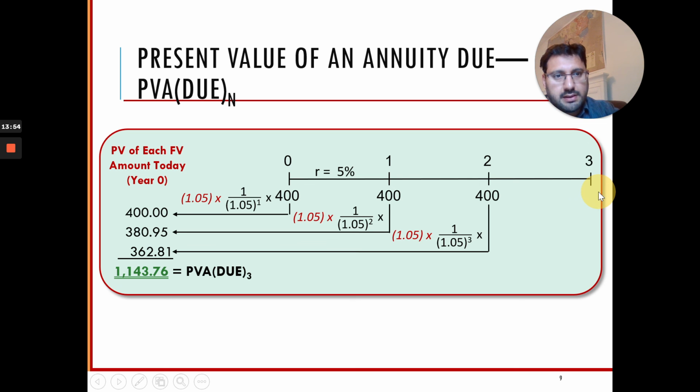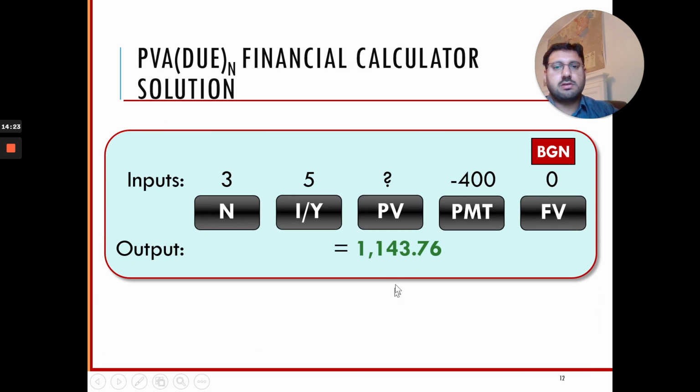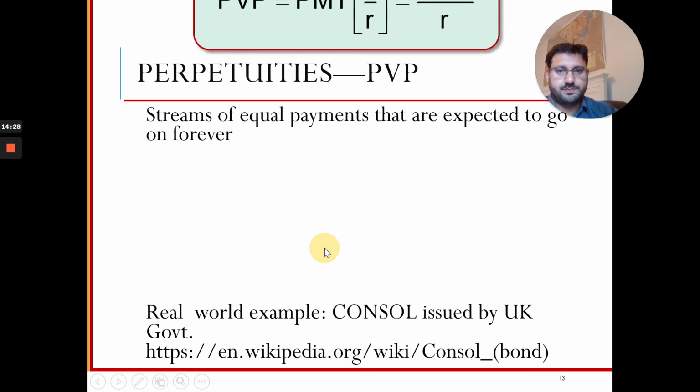So over there in the ordinary annuity, all the payments are getting discounted by 1 more time period. Over here, 1 less time period. So every payment is getting discounted by 1 less time period in annuity due compared to the ordinary annuity. And in order to capture that effect, you have to multiply the same ordinary annuity formula by 1 plus the interest rate, or R or I, interchangeably you can use that, right? And I have already shown you how to do it on the calculator.